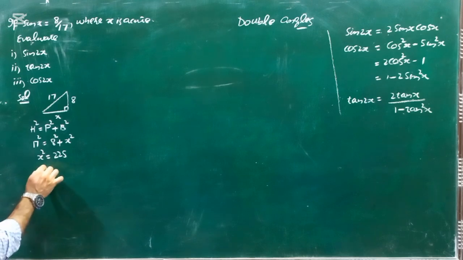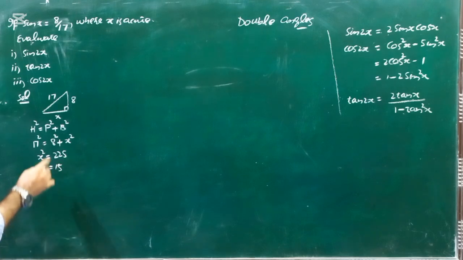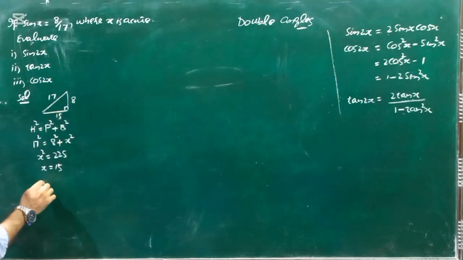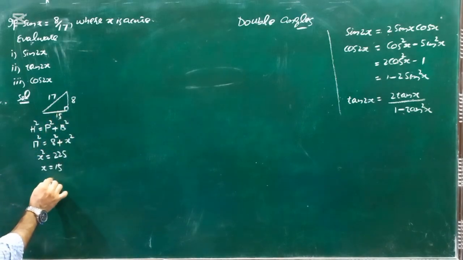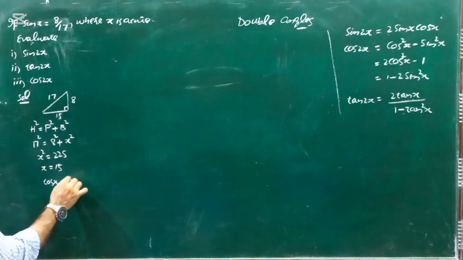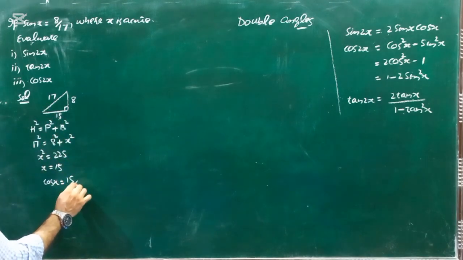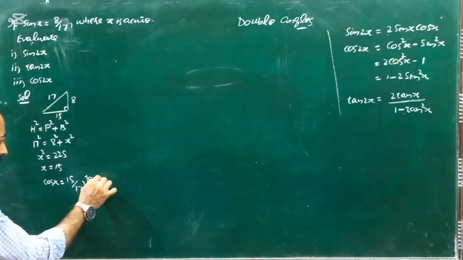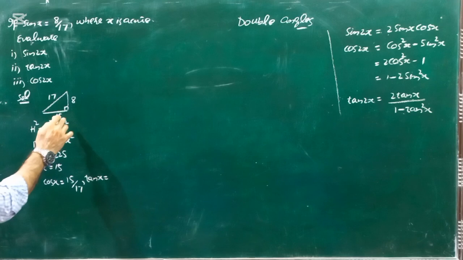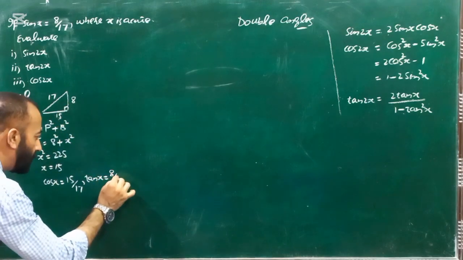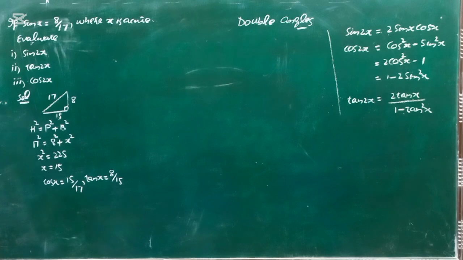So x is 15, and this side is 15 now. So now we can find cos x, that will be base over hypotenuse, means 15 by 17, and tan x, that is perpendicular over base, so 8 by 15. So now we are able to proceed further.